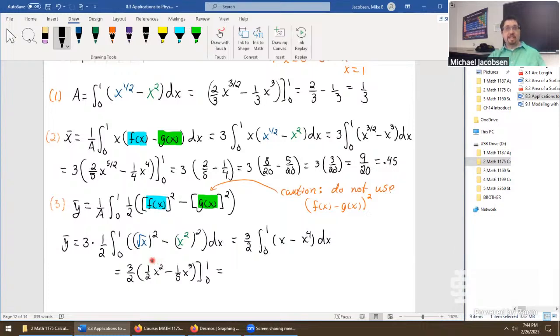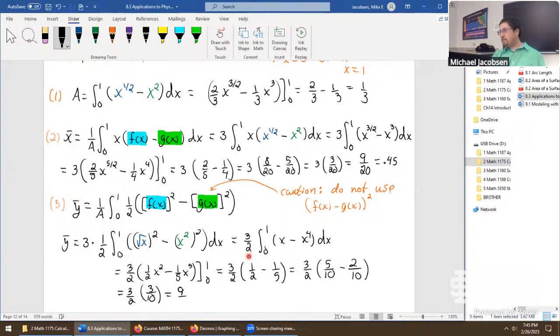Just some fraction arithmetic, and we're on our way with this one. 3/2 times 1/2 minus 1/5 becomes 3/2 times, let's see here, 5/10 on this one, minus 2/10 on the next fraction. So now it's 3/2 multiplying 3/10, which gives us 9/20. Exactly what we got up here.